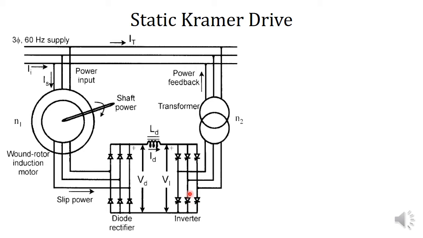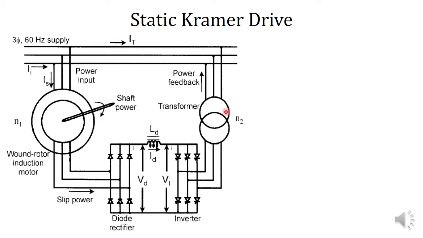Always the firing angle will be greater than or equal to 90 degree. And the DC terminal voltage of this inverter is VI. So VD and VI. And the three-phase terminals of the inverter is given to the transformer.